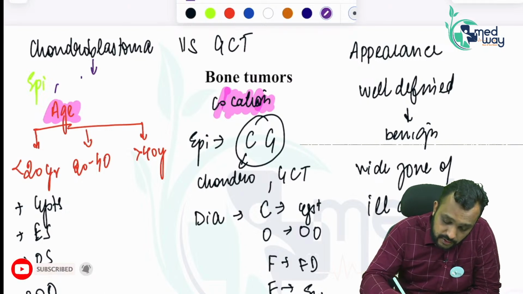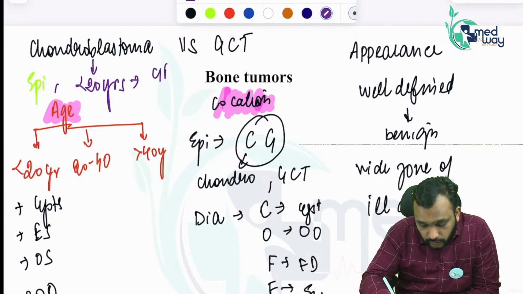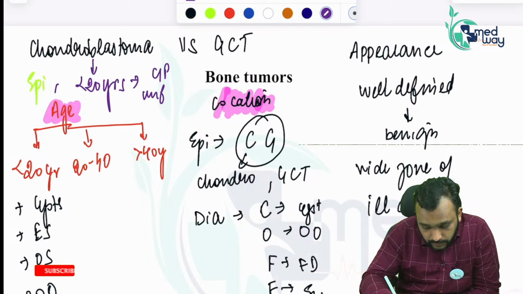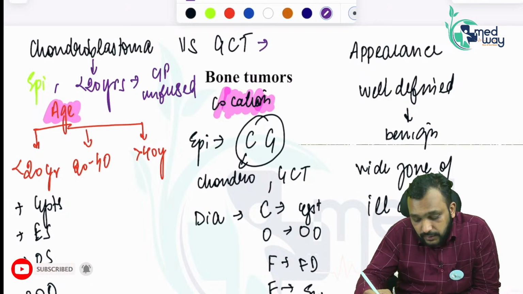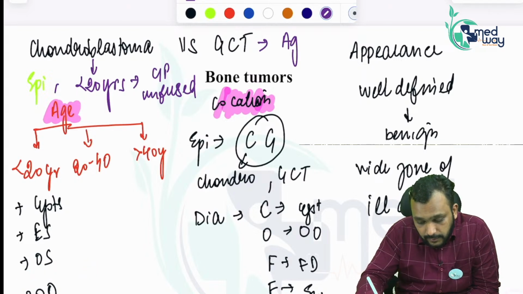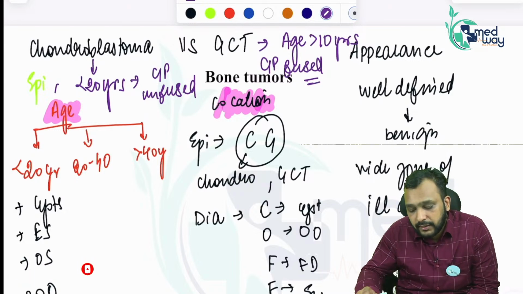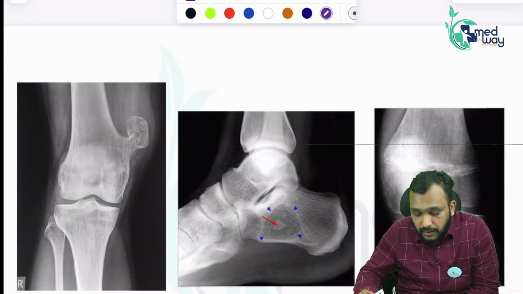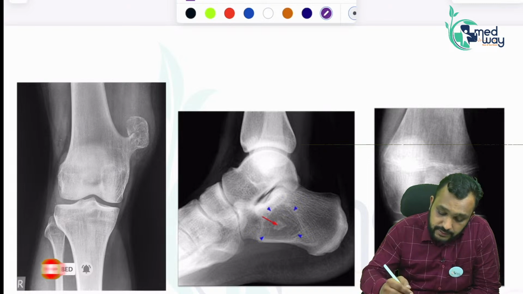But in chondroblastoma, the age will be less than 20 years, the growth plates will be unfused, right? Whereas in giant cell tumor, age will be more than 10 years and growth plates will be fused. So this is the important difference that you should remember between chondroblastoma and giant cell tumor, right?